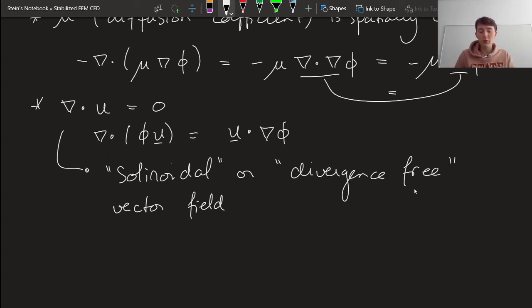Solenoidal is a synonym to divergence-free. Divergence-free is very clear, right? The divergence is equal to 0. Solenoidal is a difficult word for the same thing. So whenever you see a solenoidal vector field, then it just means that it's divergence-free.